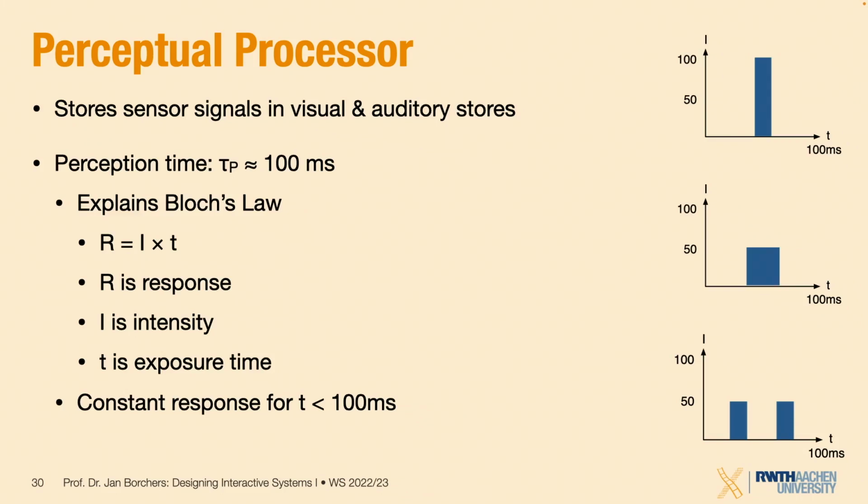Or if you have a more complex curve, it's basically the integral under the curve of what the exposure was over a certain time. And what's interesting is that all these three things will look the same to the user as long as it happens inside that 100 millisecond time window. That's important. Of course, if I show you two flashes, half a second apart, you can tell that there are two flashes, but not within the 100 milliseconds.